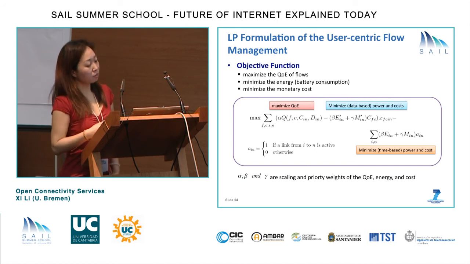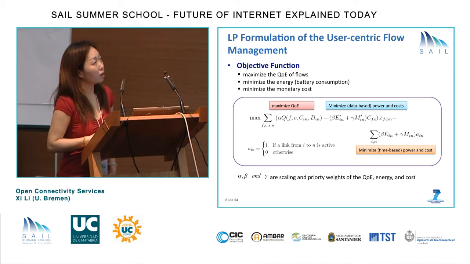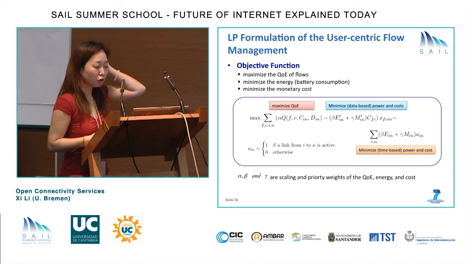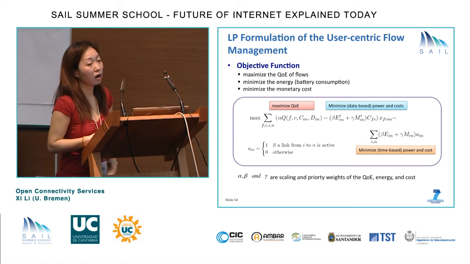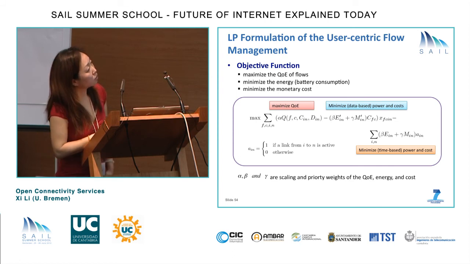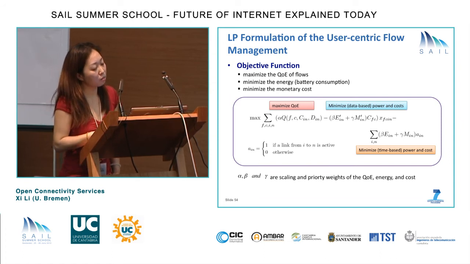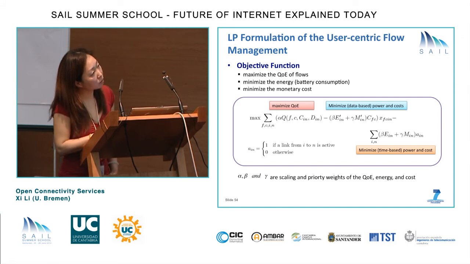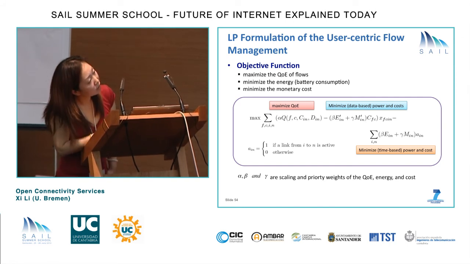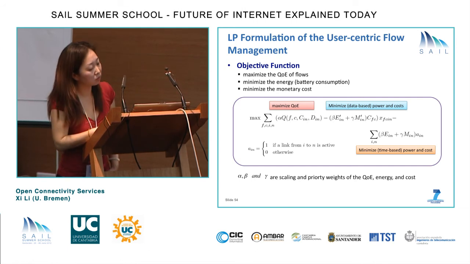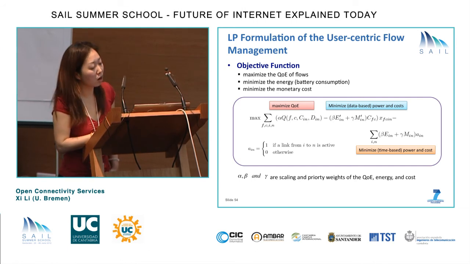Okay, so here we are showing you that to solve the flow management problem, we need to further define our objective. So this is the objective function for the linear programming. As you can see, the first part is the quality of experience of all the flows, and the second part is the consumed power and the cost, which depend on the capacity.